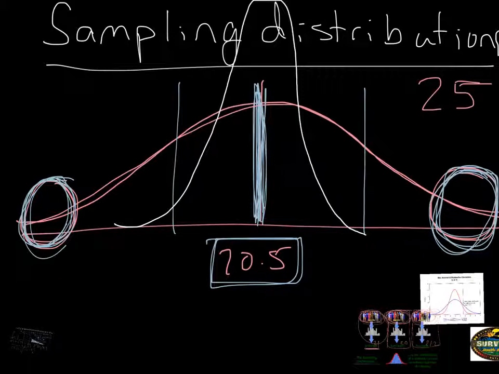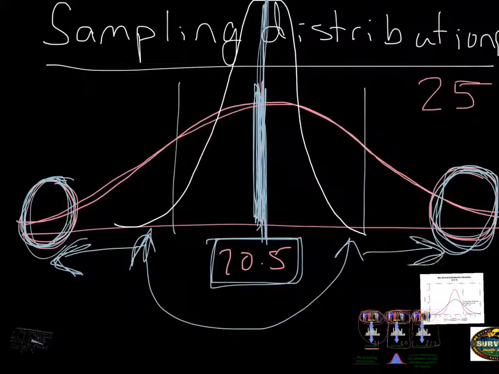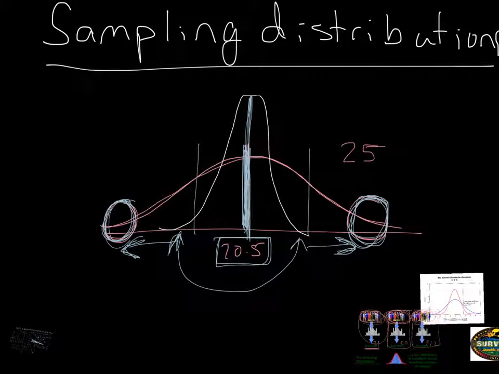I'm still at a mean of 20.5, but my variability has decreased dramatically. Now, I'm not going to be ranging way out here with my samples. They're going to be far, far less common to land way out there and way out there. My variability is going to be much tighter. The graph is going to squeeze in around my mean, which is, in this case, 20.5.